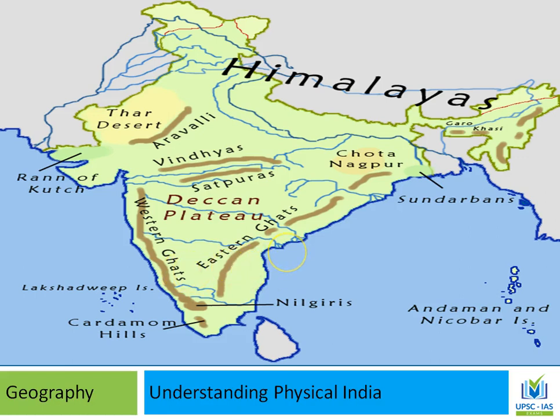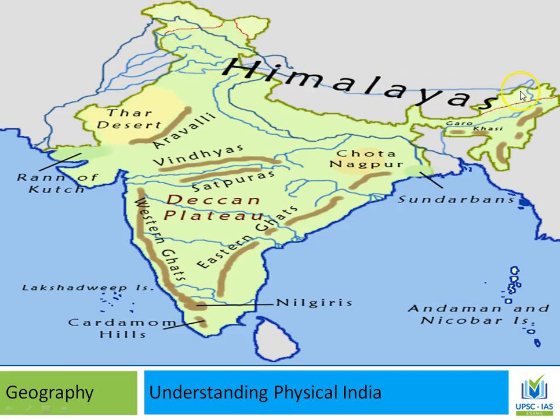The name of this lecture is Understanding Physical India. As you can see on your screen, dear friends, we have a physical map of India in which you can see rivers. This is your Indus River and other tributaries of Indus.